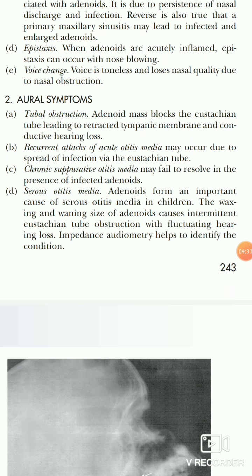Otitis media with effusion. Adenoids form an important cause of otitis media with effusion in children. The waxing and waning size of adenoids cause intermittent eustachian tube obstruction with fluctuating hearing loss. Impedance audiometry helps to identify the condition.